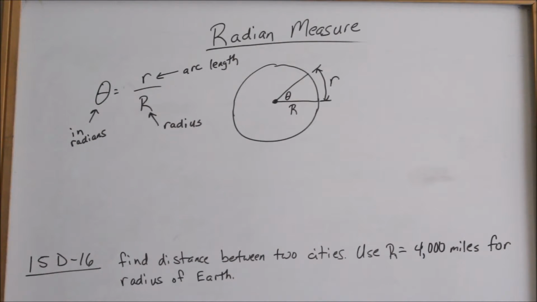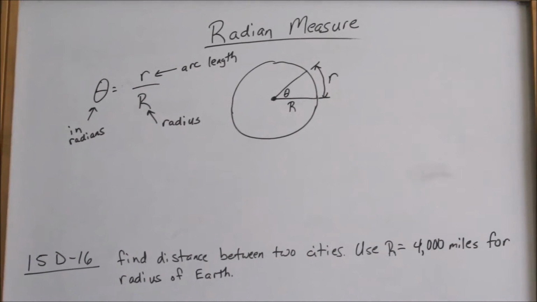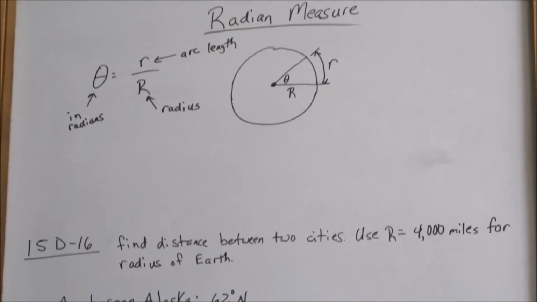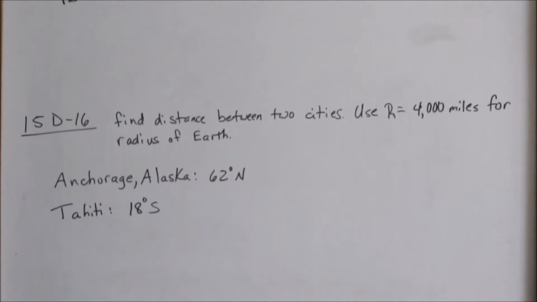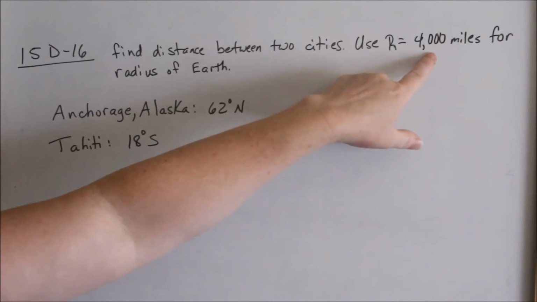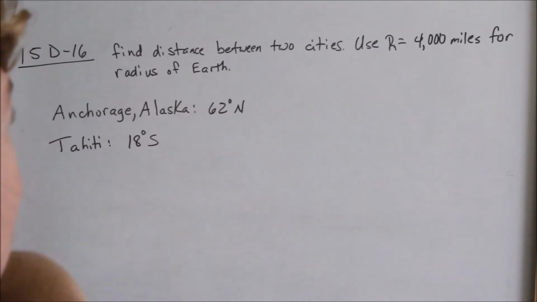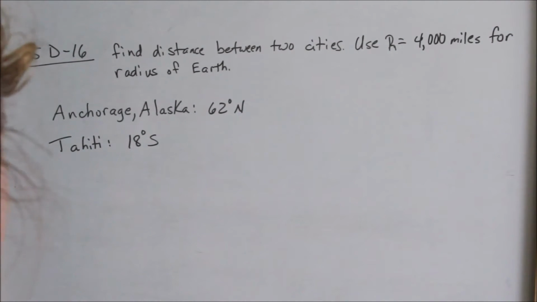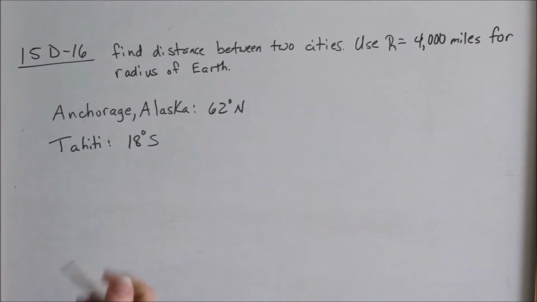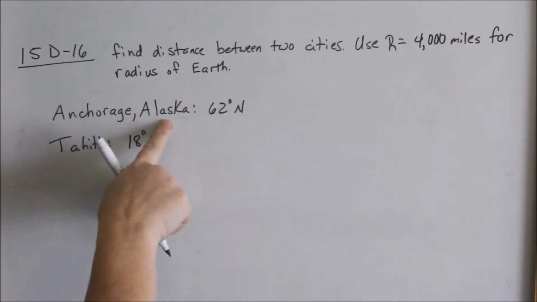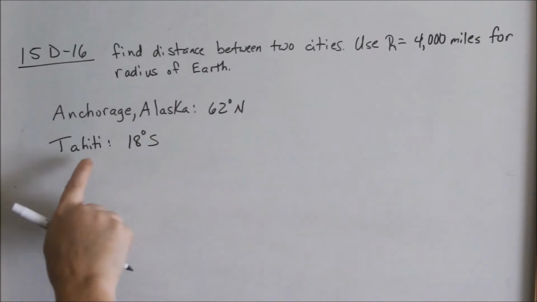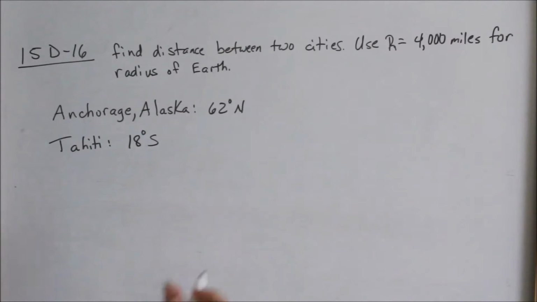Okay, so looking at 15D, number 16, they're asking you to find the distance between two cities, and we're going to be using the radius of the Earth as 4,000 miles. I believe that this is a rounded value, but we're going to be using that value for the radius of the Earth. Okay, so we're told that Anchorage, Alaska is 62 degrees north and that Tahiti is 18 degrees south.